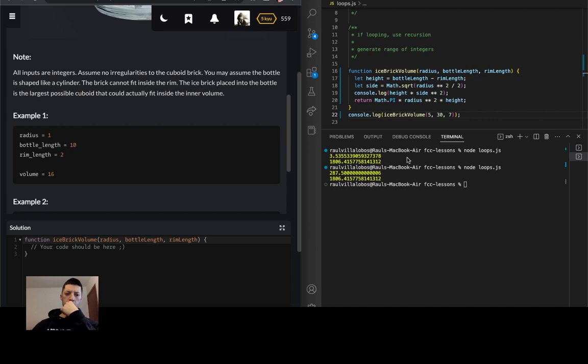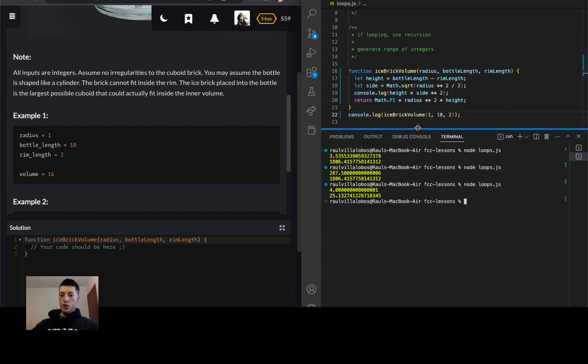Let's go back to this one. So radius 1, bottle length 10, rim length 2. Let's try one more time. Maybe I messed up. Nope.